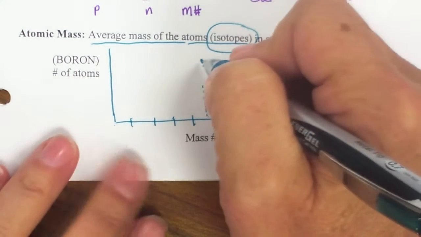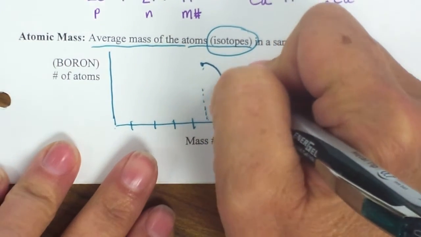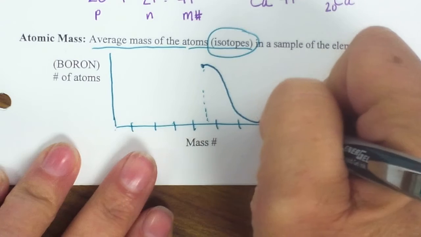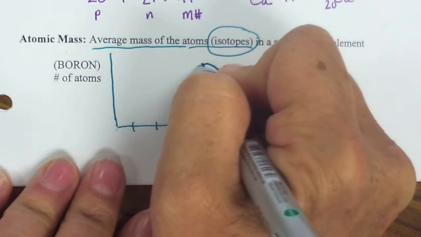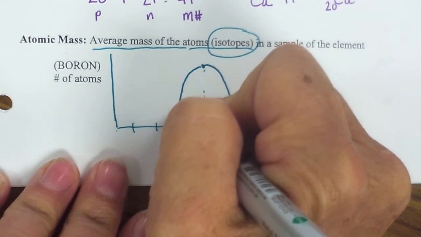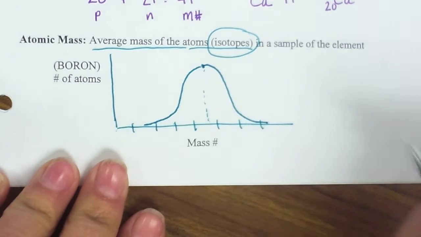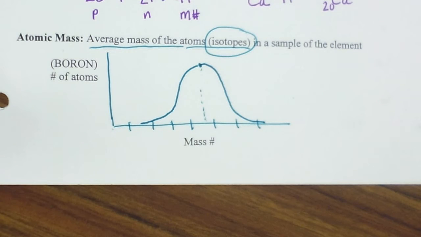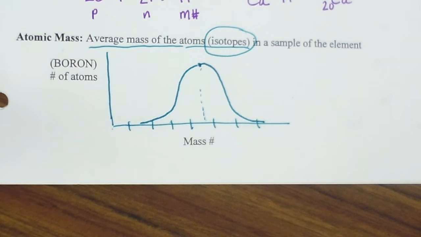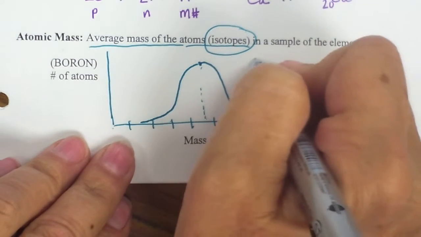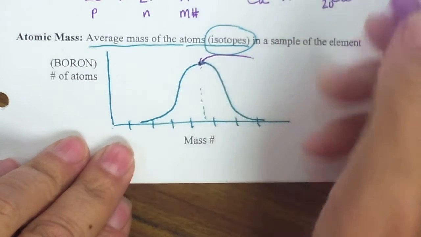But for right now, we're just drawing a generic bell curve, which is going to go like this. It's supposed to be symmetrical. And this is the peak.